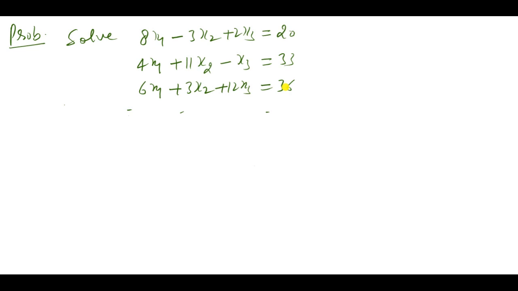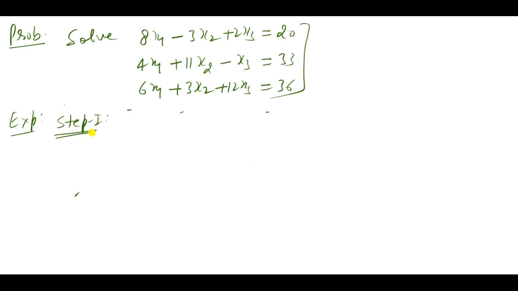Using the Jacobi method to solve the given system of linear equations, we compute the values of x1, x2, x3. In step 1, first of all we check whether the Jacobi method converges or not, that is, whether it is applicable or not.